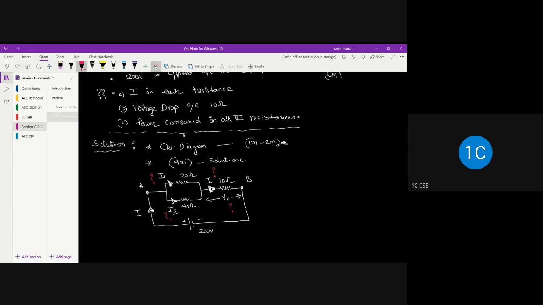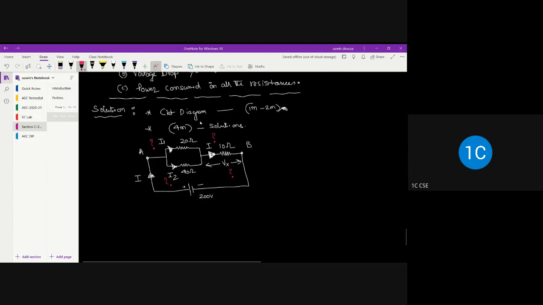Finally, you need to find the power consumed in all the resistances. To find the power consumption, either you need to know the current through the resistors, or the voltage appearing across the resistors. So my first part is done, that is the construction of the circuit.